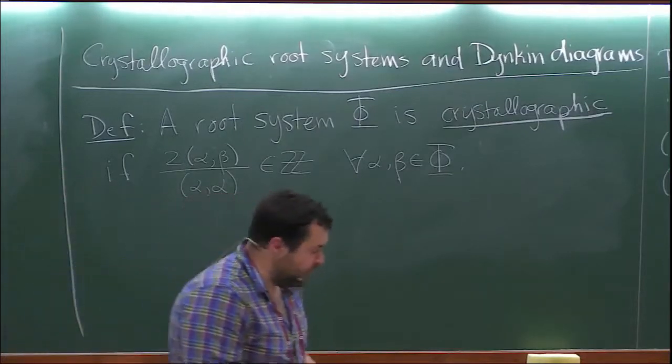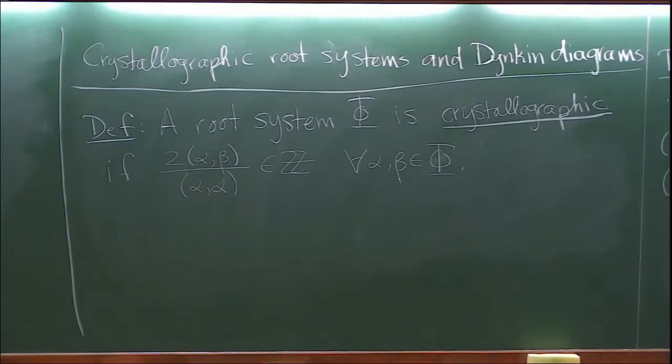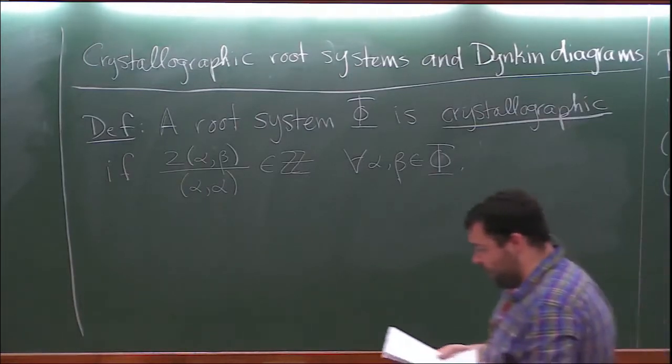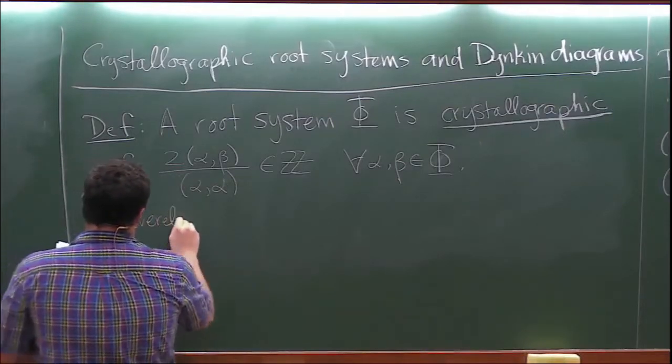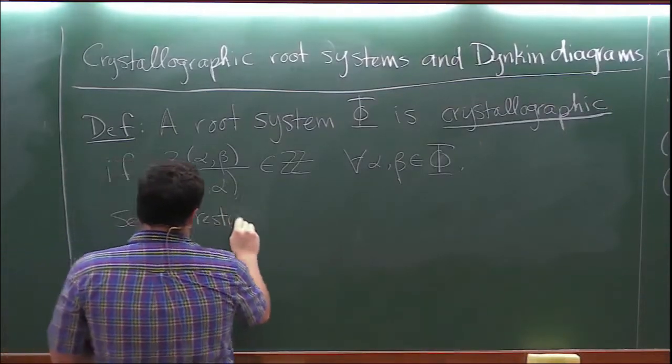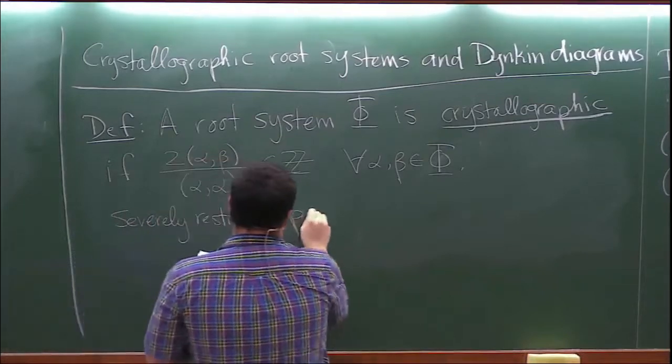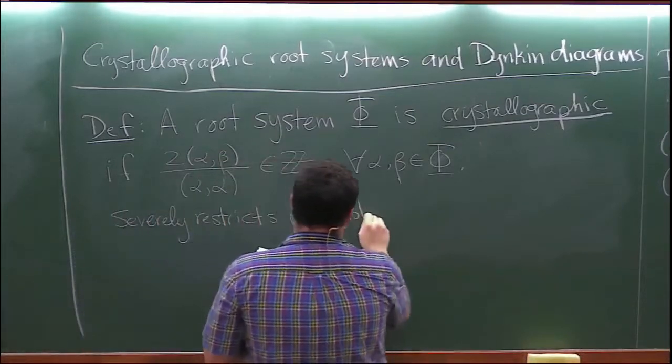It turns out that we're going to have exactly these, and I'll tell you how to get these graphs in a second. So this severely restricts the possible angles between vectors.